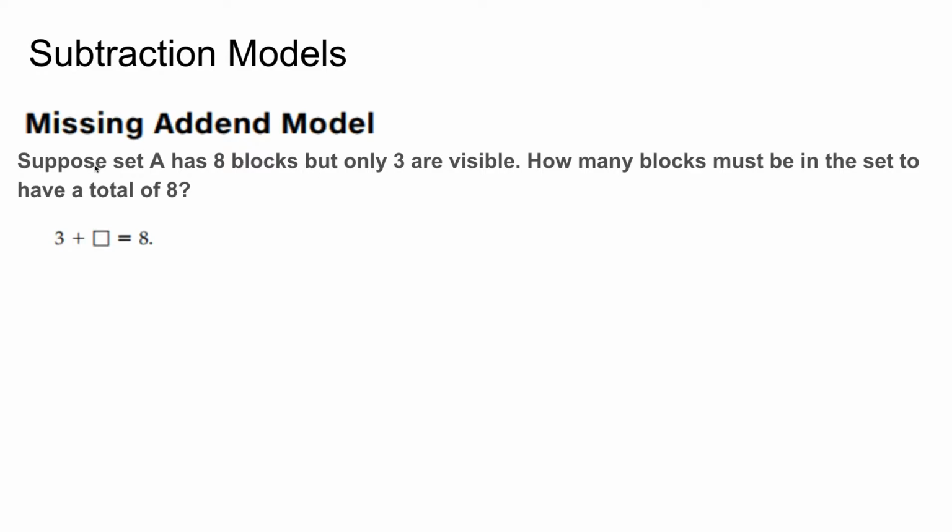Suppose set A has 8 blocks, but only 3 are visible. How many blocks must be in the set to have a total of 8? So you have one whole, and one part is 3 that is visible, and the rest of it is covered, right? You're gonna find out how many there are.